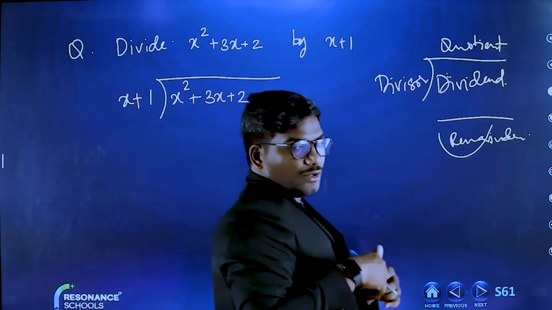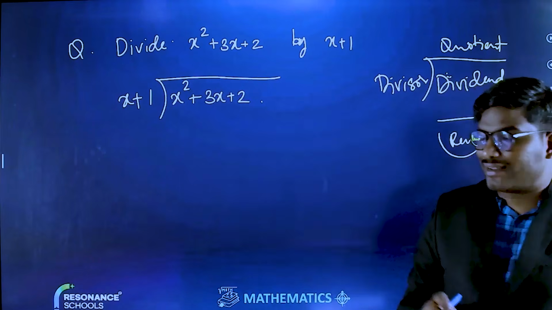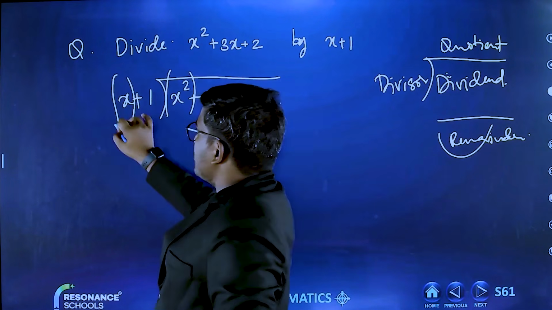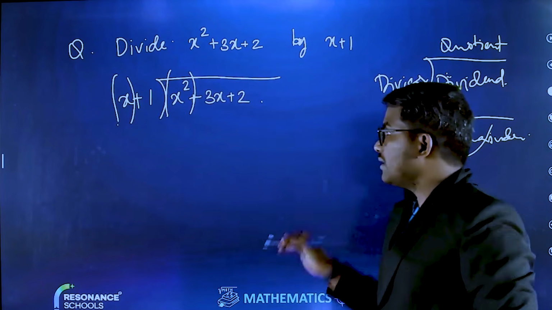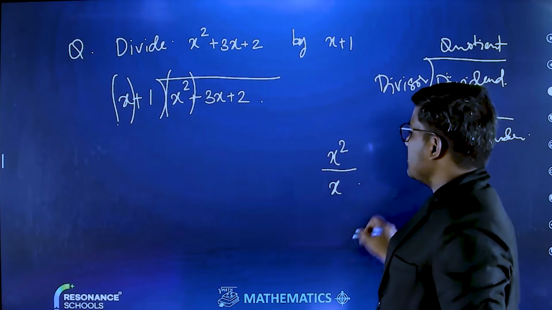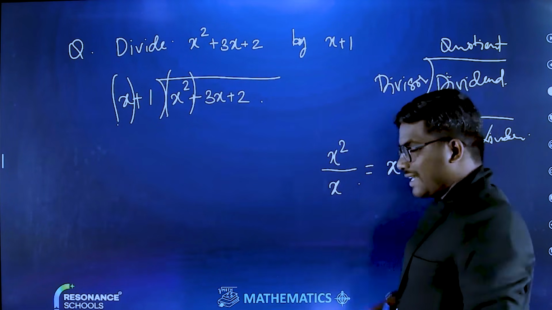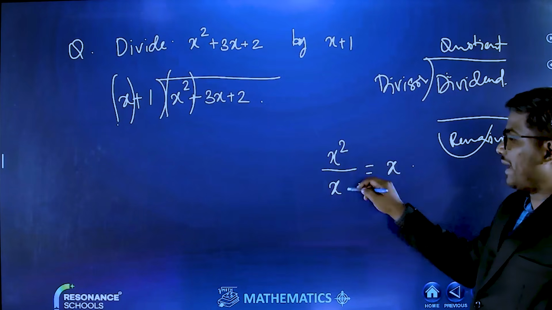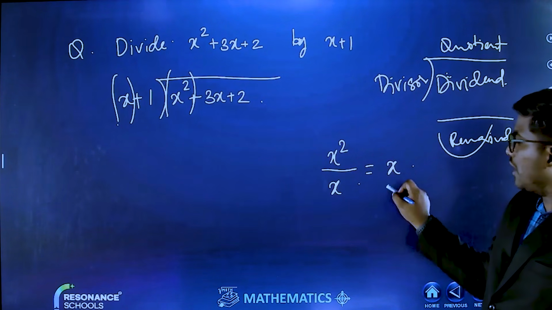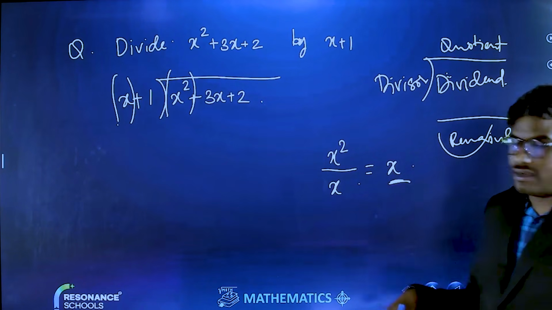Before we get into the actual reasoning, try to understand this part. First, consider the first terms of both the dividend and the divisor. X square by x will be x power 2 minus 1, which is x power 1. So that will be x.